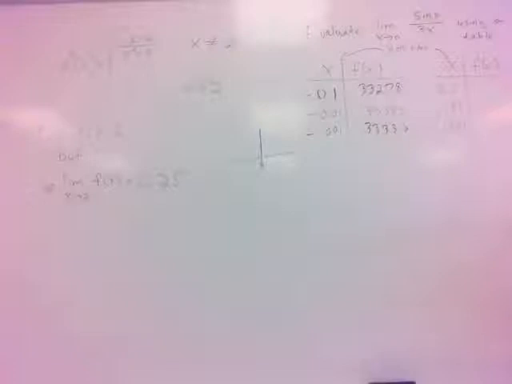Okay, so if I do positive 0.1, positive 0.01, and positive 0.001, guess what? In this case, I get the same values as I did over there. All right, so it's 0.33278, 0.3333.